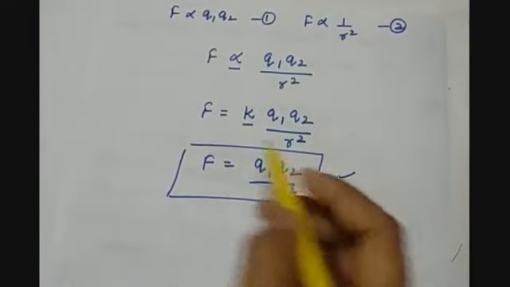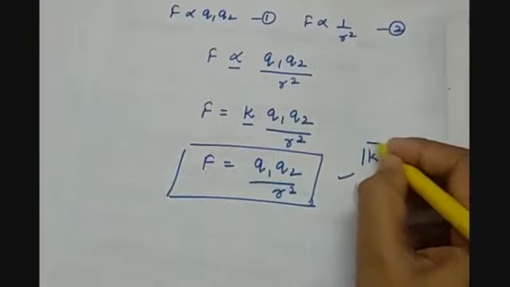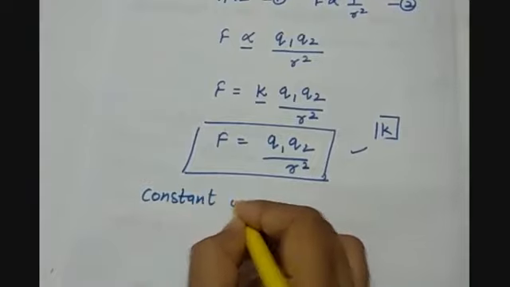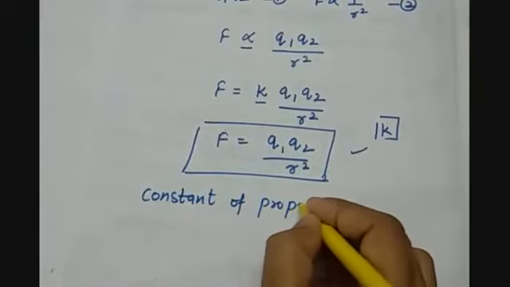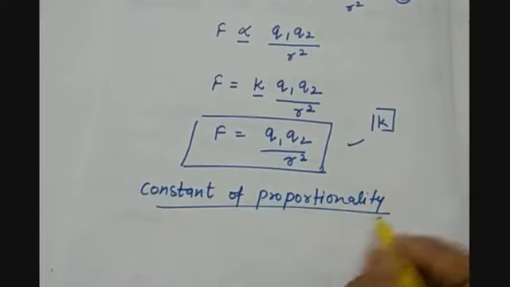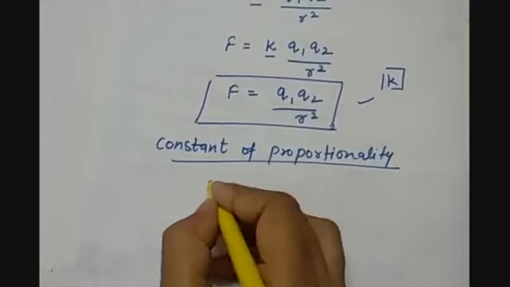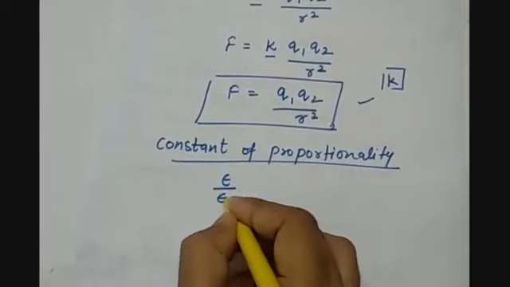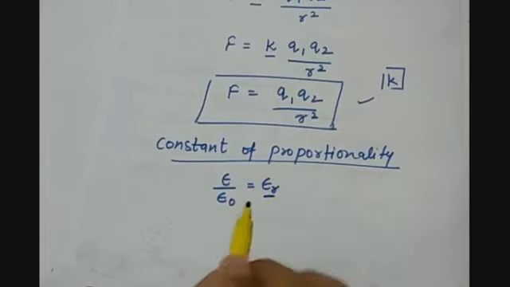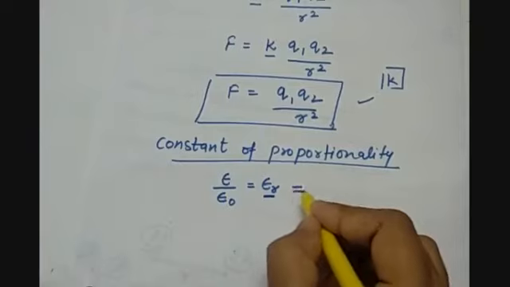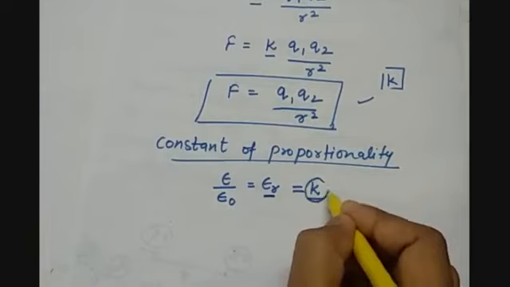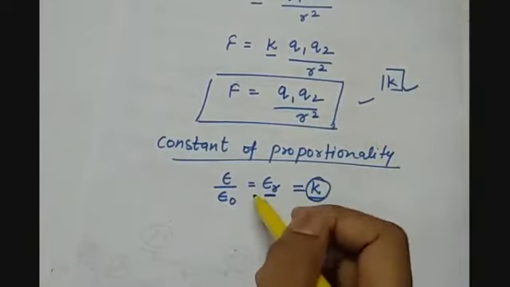One more thing we have to discuss is K, which is a constant of proportionality. You remember, we have written epsilon by epsilon naught, that is the relative permittivity of the medium, equal to K. So this K is the constant of proportionality here.